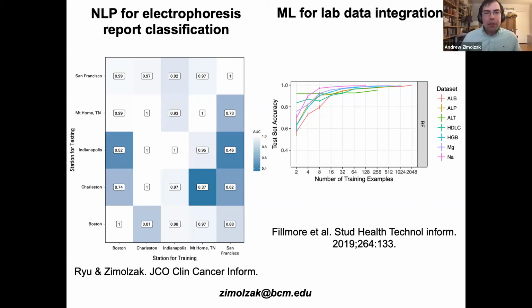And the heat map you're seeing is what happens when you train on one hospital and then test on another hospital, and we found an interesting and honestly asymmetrical pattern, suggesting to me that some sites probably use really diverse language, and those classifiers generalize well, and some others maybe use a more restricted vocabulary. And I think there are interesting applications for when does a model generalize and when not.